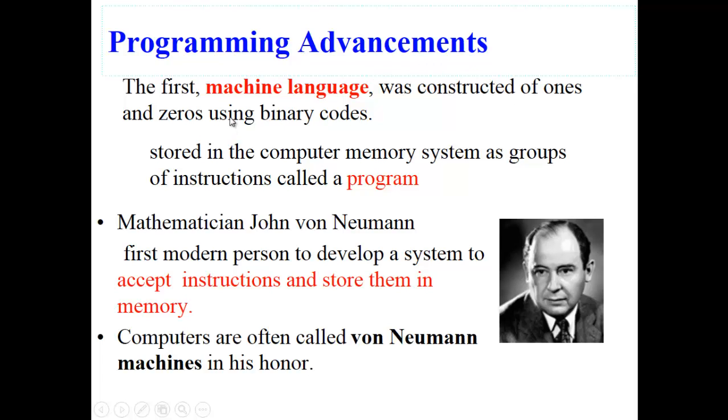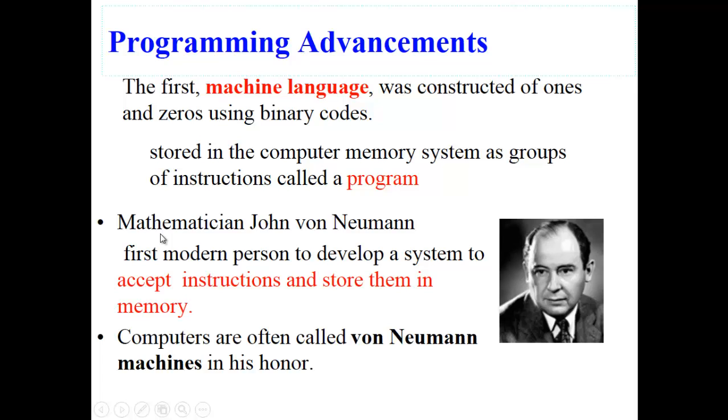You know, the first is machine language. Machine language was constructed of ones and zeros using binary codes, stored in the computer memory system as groups of instructions called a program.